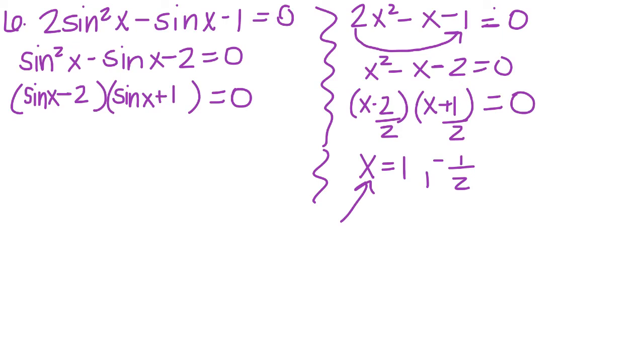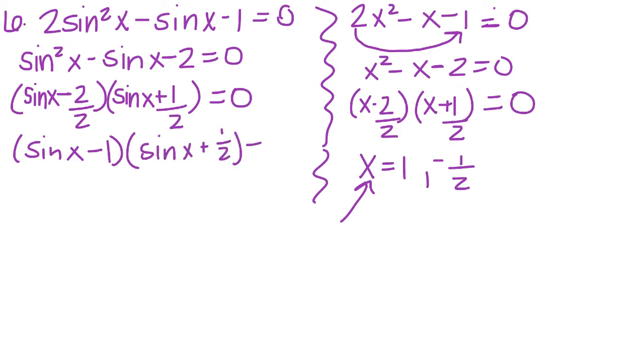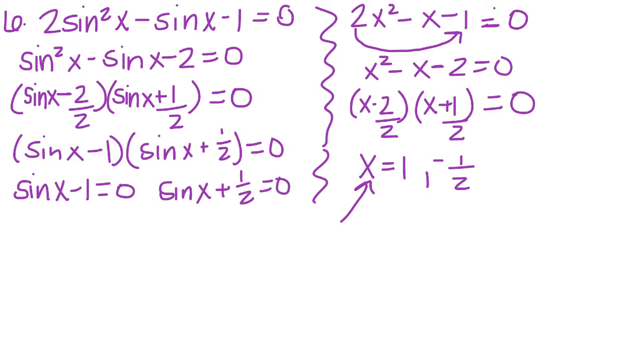Y'all following? Good. Now we had to come back though and divide, didn't we? Because we multiplied over. So I have sine of x minus 1 times sine of x plus 1/2 equals 0. Now we're going to set each part equal to 0, so that means I have sine x minus 1 equals 0, and sine x plus 1/2 equals 0.